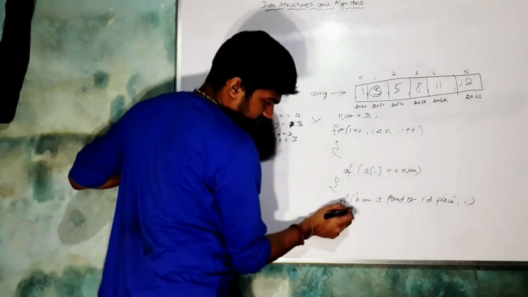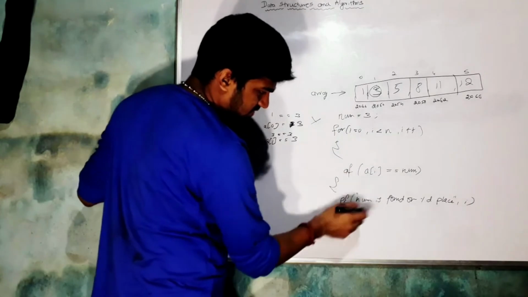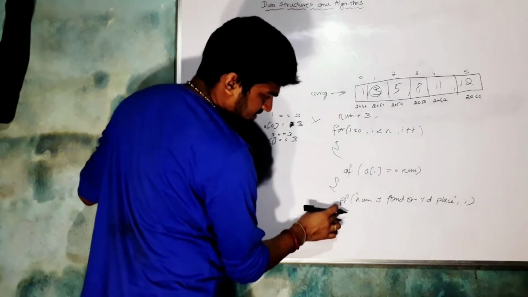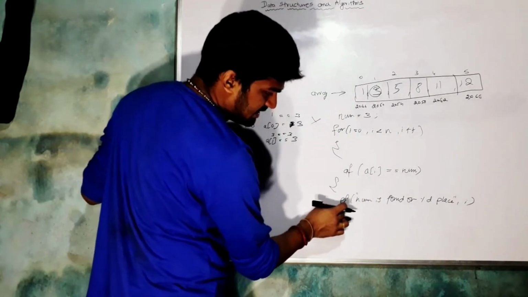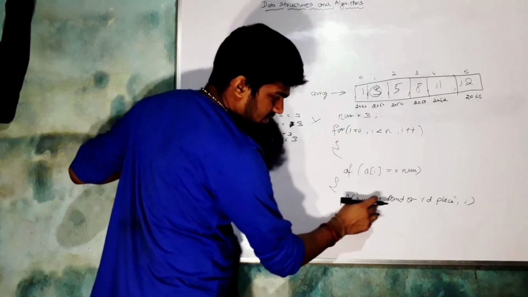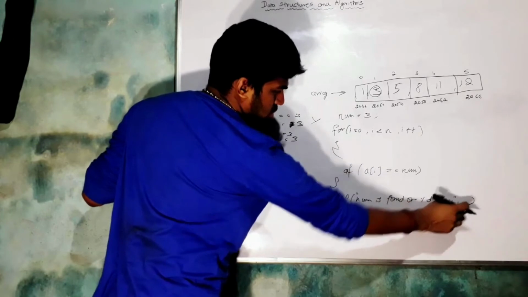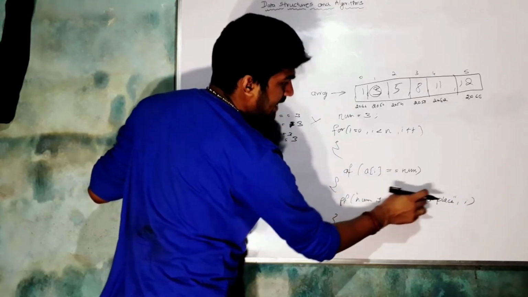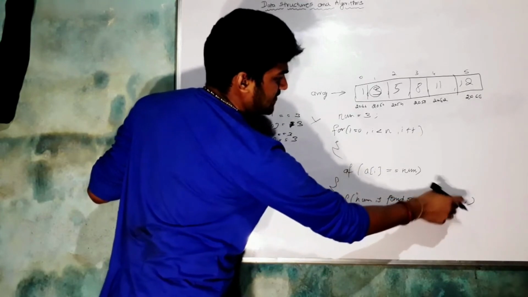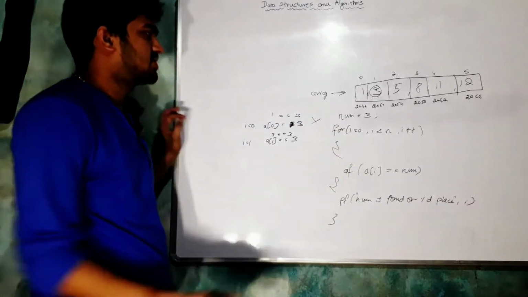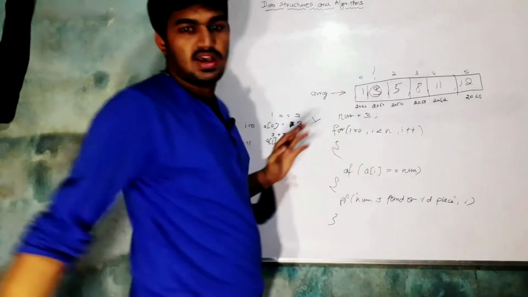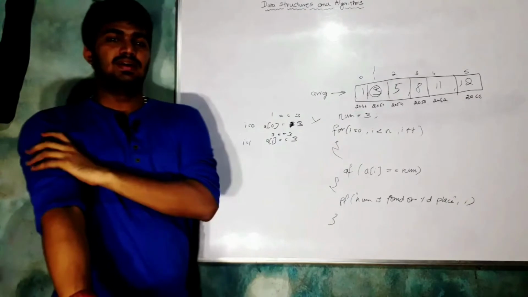So it will go inside this if section and print "number is found on the %d", where %d is nothing but i. So the number is found on the first place, I mean this first index, right? This is one way to find the number.